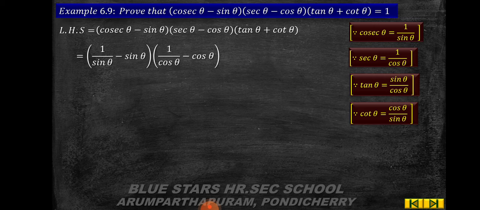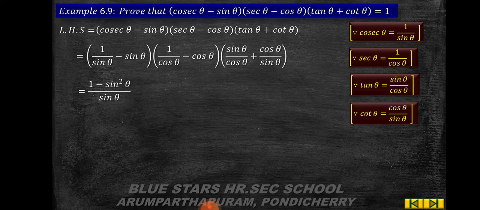So substitute the values in the equation: instead of tan theta we write sin theta by cos theta, plus instead of cot theta we write cos theta by sin theta. The next step is to do the cross multiplication, or we can take the LCM.